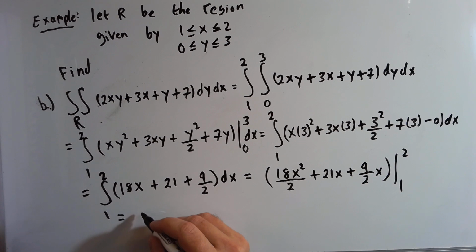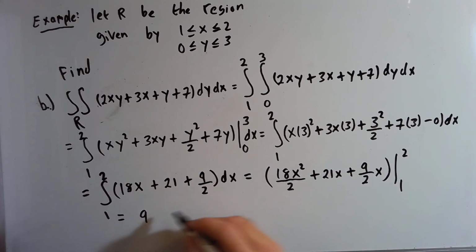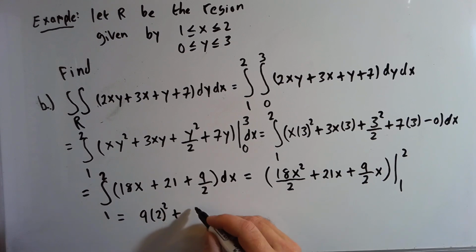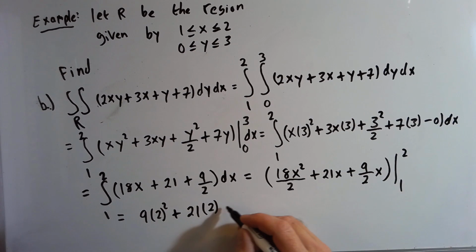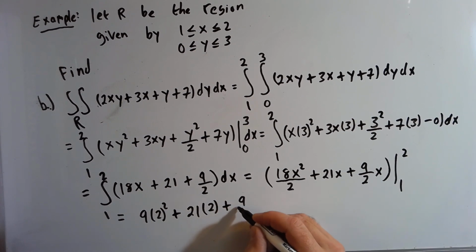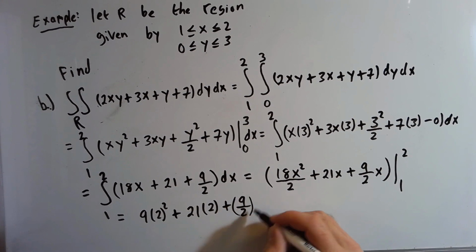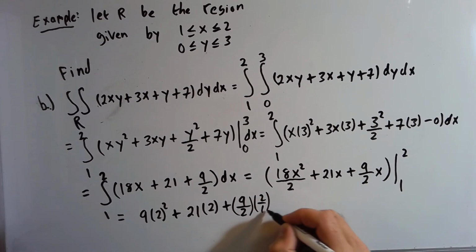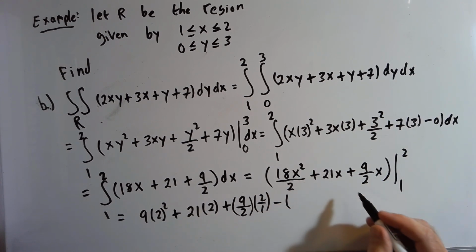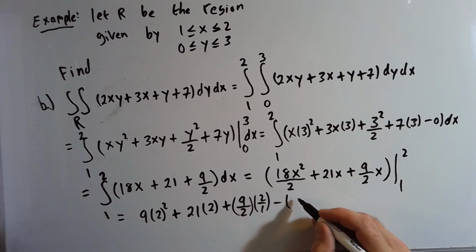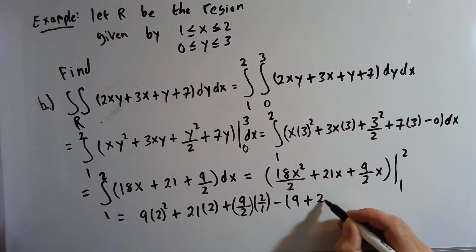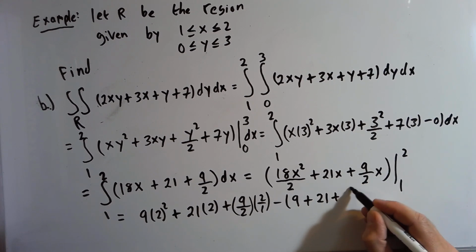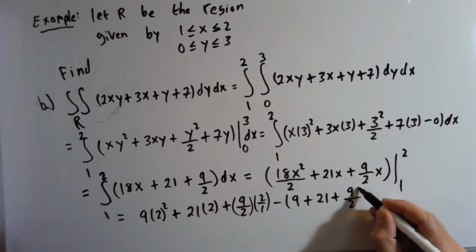So putting 2 in place of x, that's a 9, so it'll be 9 times 2 squared plus 21 times 2 plus 9 over 2 times 2. Then minus, put 1 in place of x everywhere, so it'll be 9 from this one, plus 21, plus 9 halves.